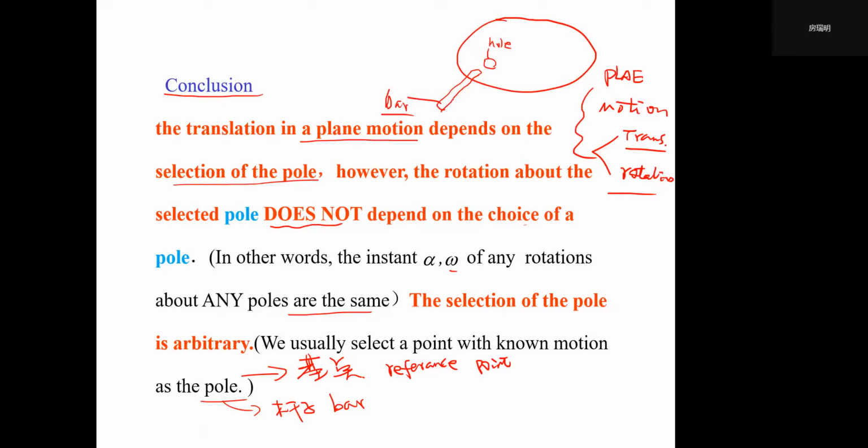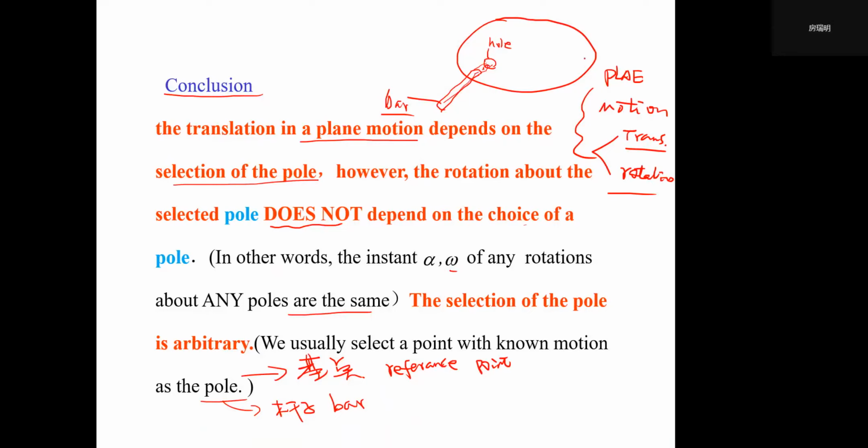Because I use this bar to poke this plane figure, there is a hole. You can think about that: this bar is in this hole, this bar goes through this hole.